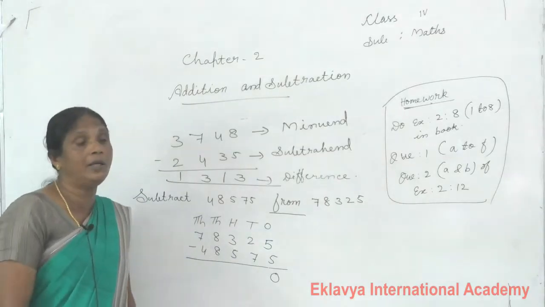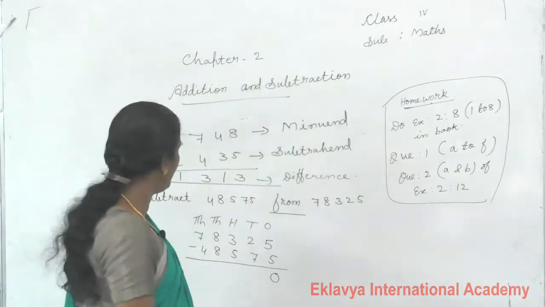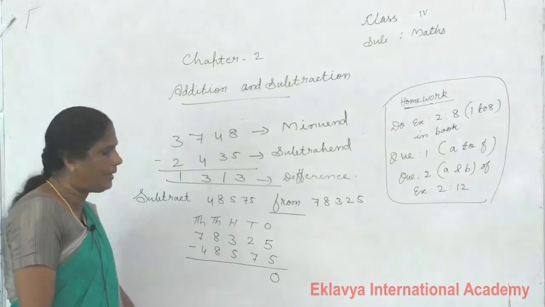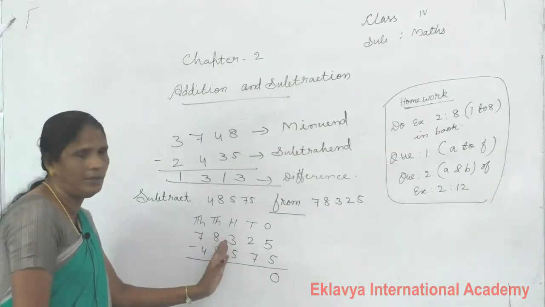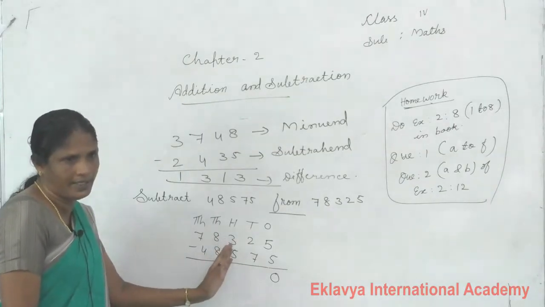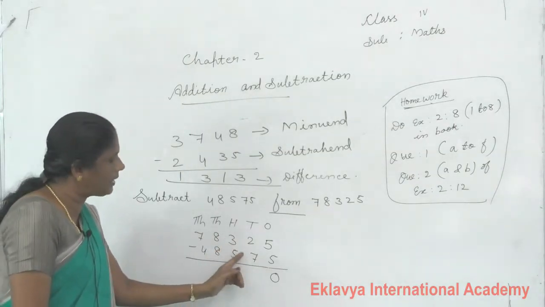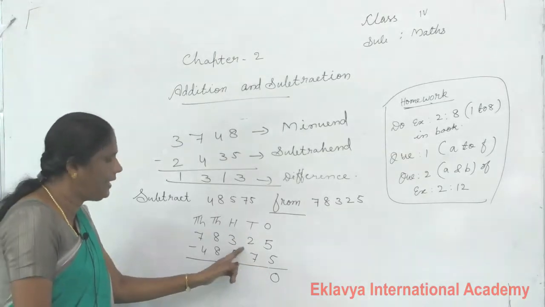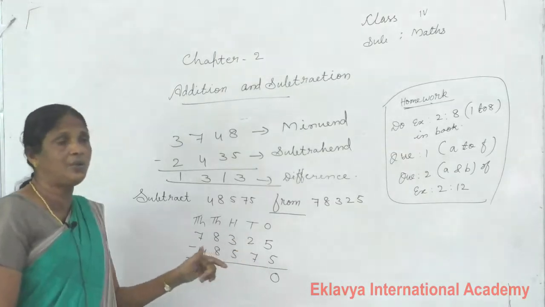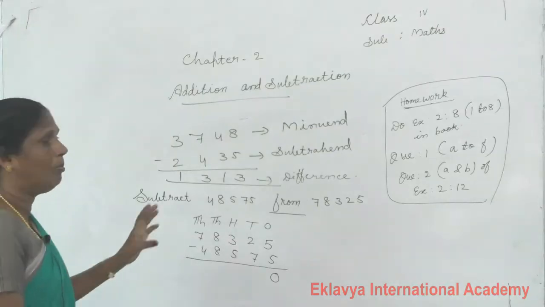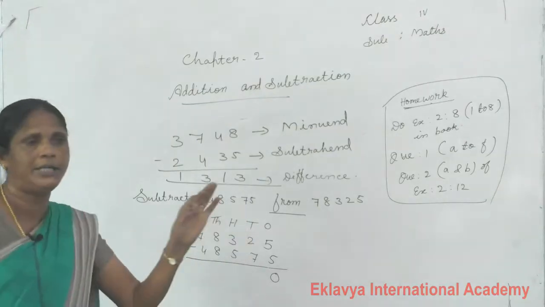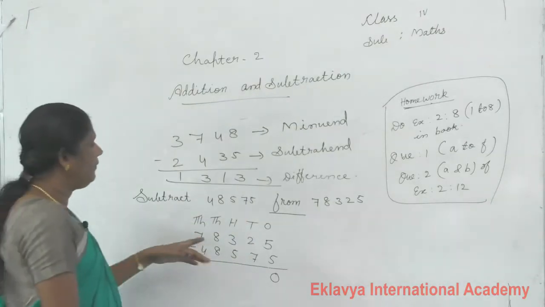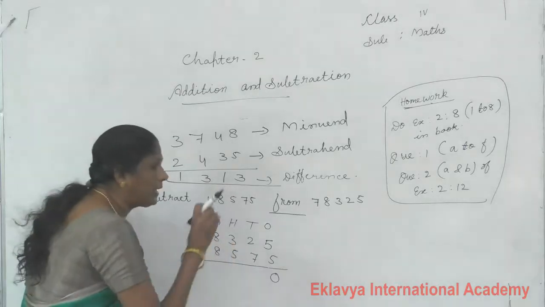We take borrow from the next digit. Understand? 7 take away from 2 is not possible. In this situation, we take borrow from the next digit. We take 10.